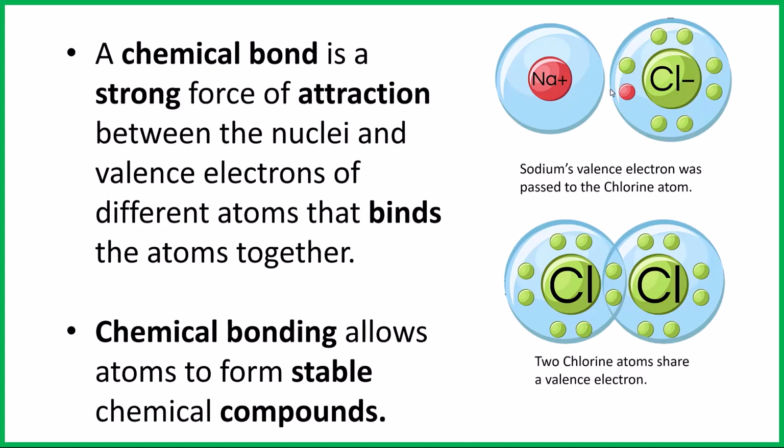And so these 2 atoms are attracted to each other now, and that's what helps to form that bond. In this arrangement here, 2 chlorine atoms are sharing a valence electron, which allows them to both seem like they have a full valence shell. By sharing that 1 electron, they're able to have that stability.